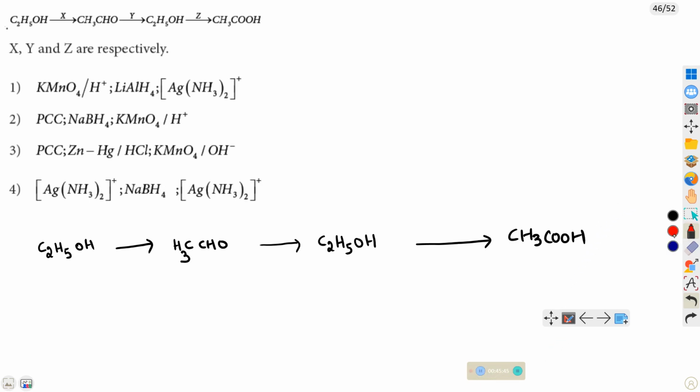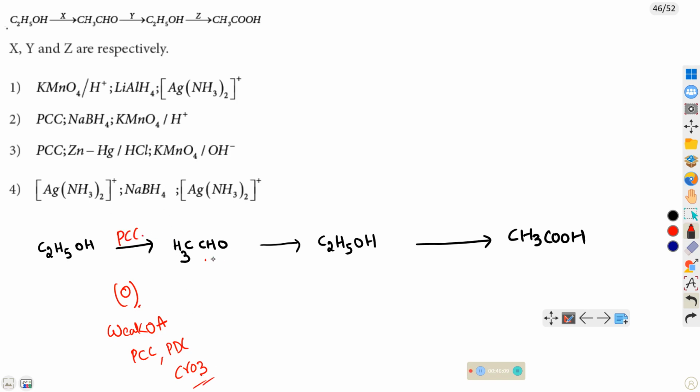Identify X, Y, Z in the following reaction. Alcohols undergo oxidation, then give aldehydes. For aldehydes, weak oxidizing agents are required. Example, weak oxidizing agents: PCC, PDC, Jones reagent, that is nothing but CrO3.